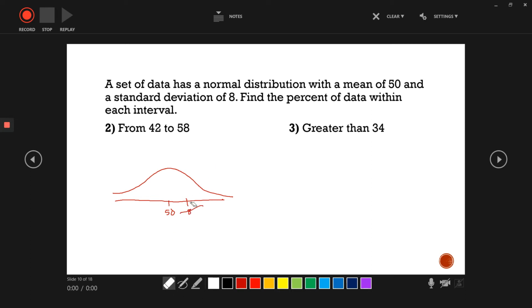58. Add 8 more. And add 8 more. Okay. And then let's subtract 8. And subtract 8.